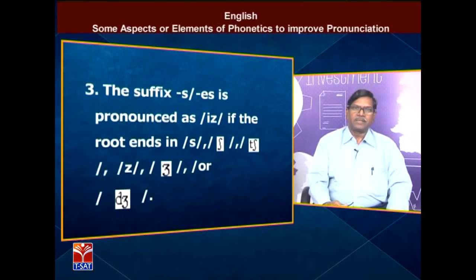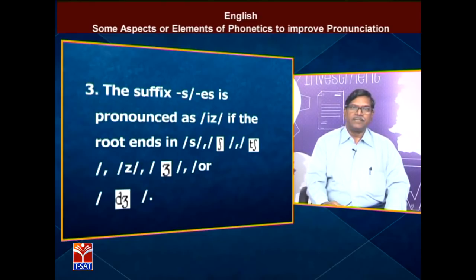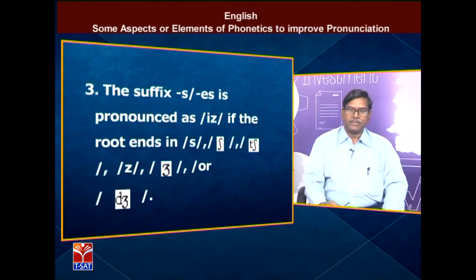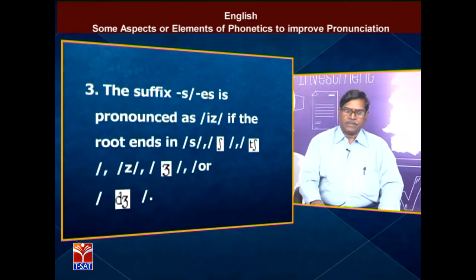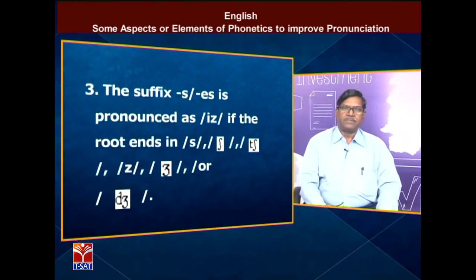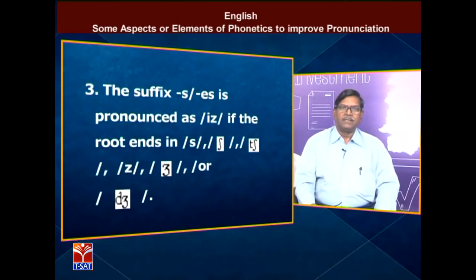The plural marker s or es is pronounced as z if the root ends in a voiced sound other than z, zh or j. And now, even in the first case, we have discussed the plural marker when the root ends in a voiceless consonant other than s, sh and ch.